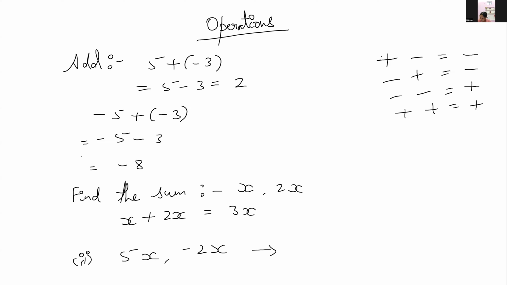I can write it first like this, 5x plus, because I'm adding, plus minus 2x. So plus minus is minus. So it becomes 5x minus 2x. So subtract 2 from 5, we have 3. So we have 3x.